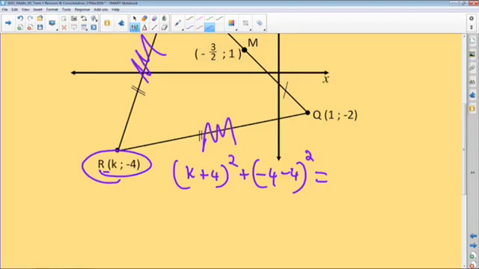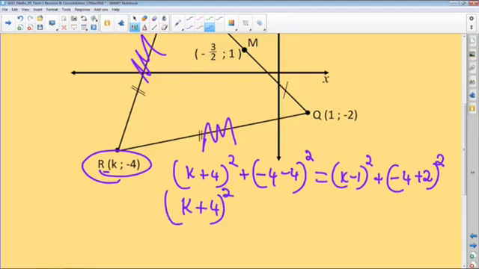So you've got your k minus 1 squared plus your minus 4 plus 2 all squared. And then now, guys, it's going to be very easy to work out the value of k from here, right? Let me just do one last step for you. K squared plus 64 equals k minus 1 all squared plus 4, right?